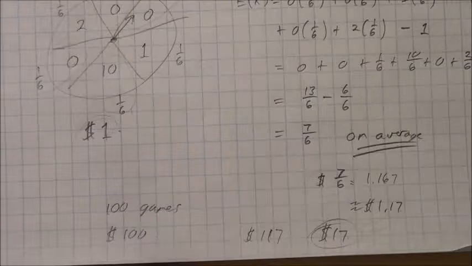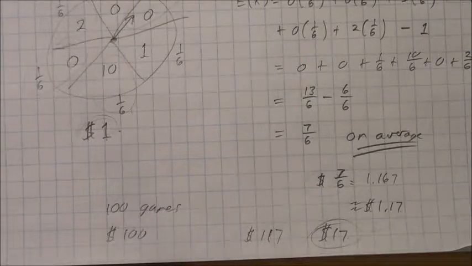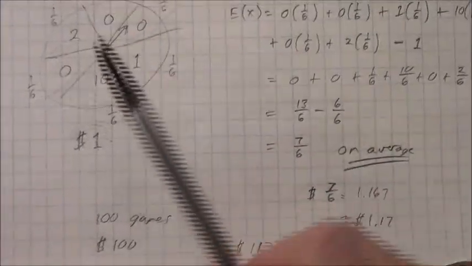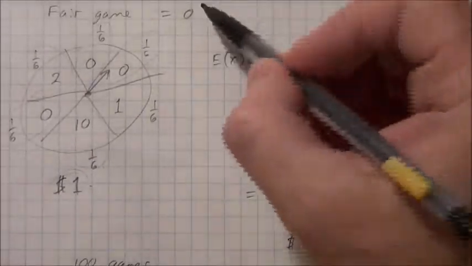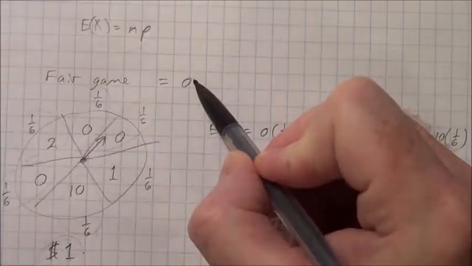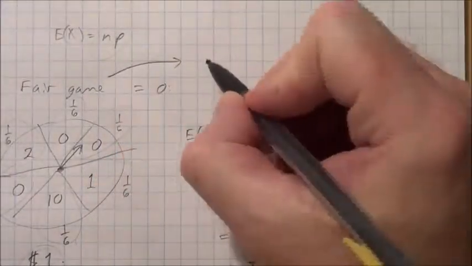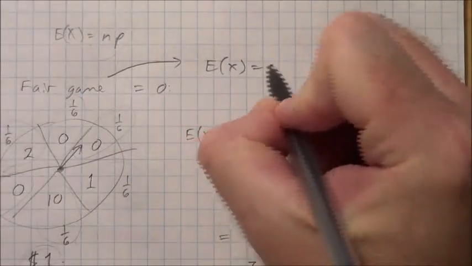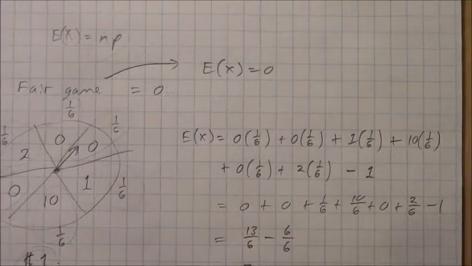You would say it's fair, I guess, for the player, and not so fair, I guess, for the house, if you want to call it. But it's not a fair game because it doesn't equal 0. However, it would be a game that you would want to play. Okay, so a fair game is if E sub X equals 0.